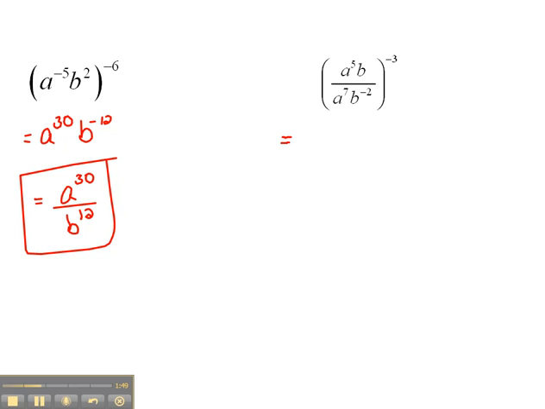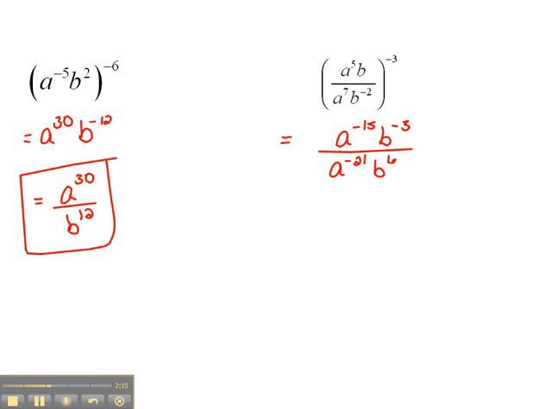So a to the 5th to the negative 3 would be a to the negative 15th, and b to the negative 3 would be b to the negative 3, over a to the 7th to the negative 3 would be a to the negative 21, and b to the negative 2 raised to the negative 3 would be b to the 6th power.